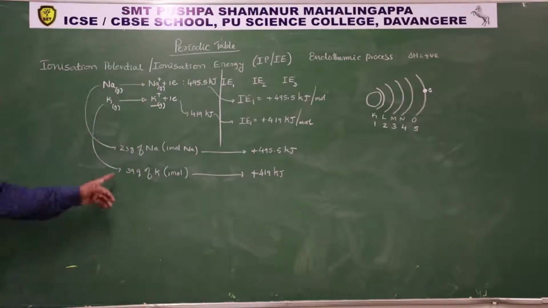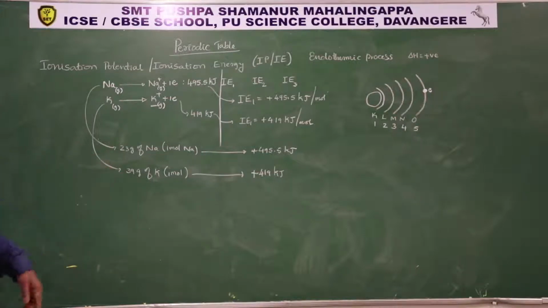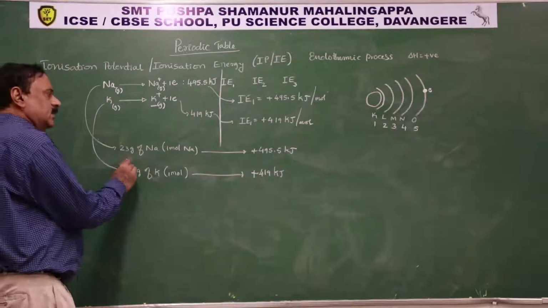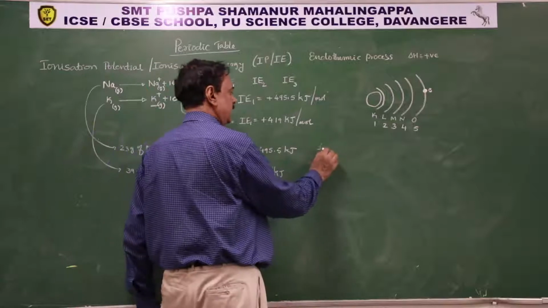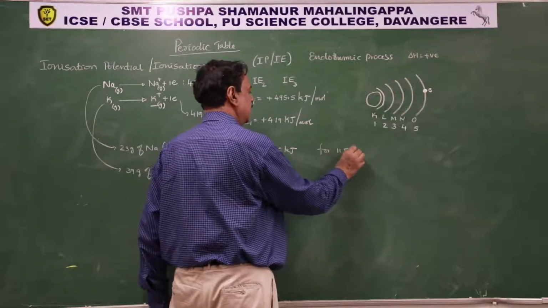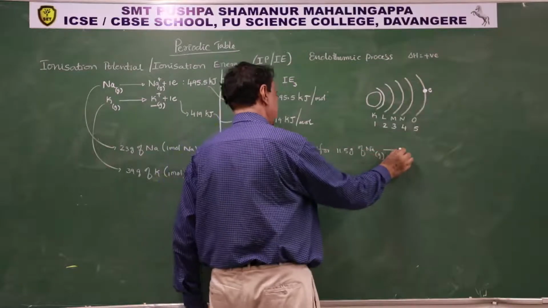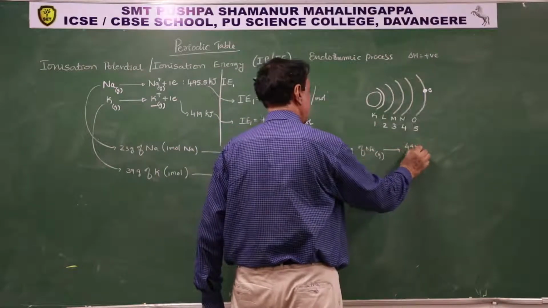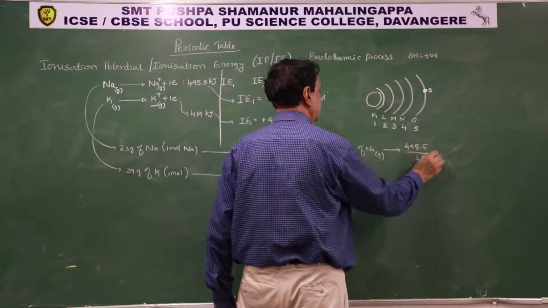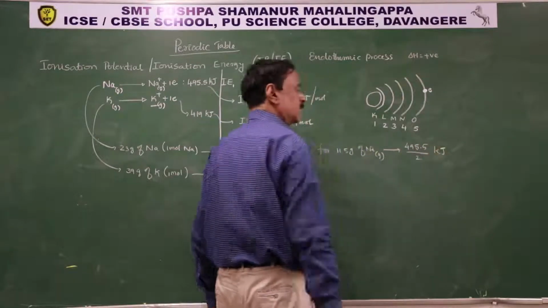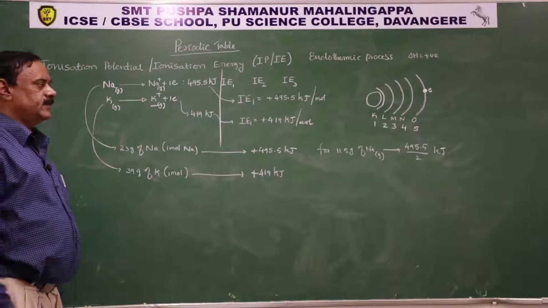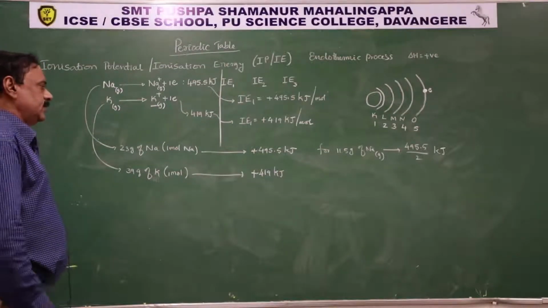In your entrance exam, they may give other than 23. Suppose they may give 11.5 gram. For 11.5 gram of sodium in vapor state, then the amount of energy required is 495.5 divided by 2 kilojoules.